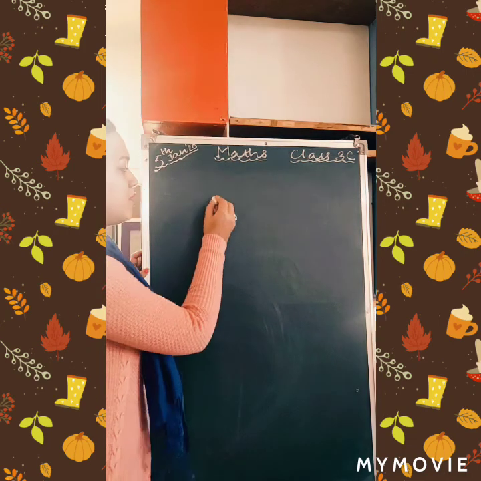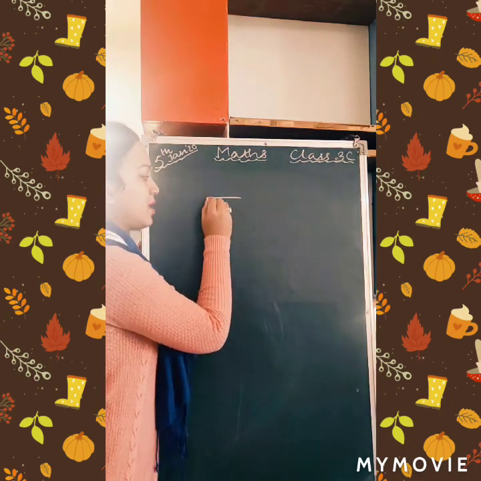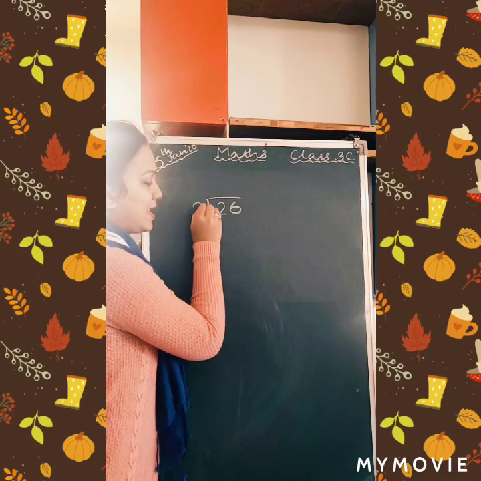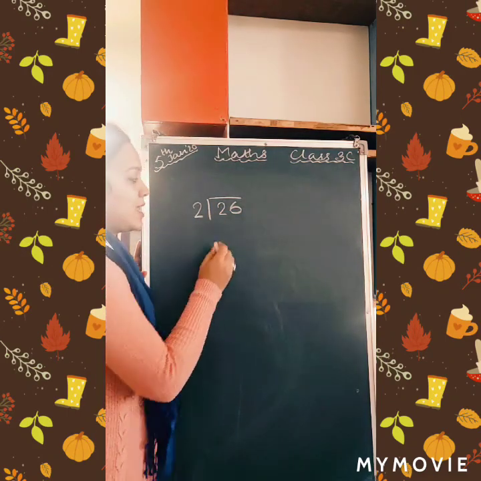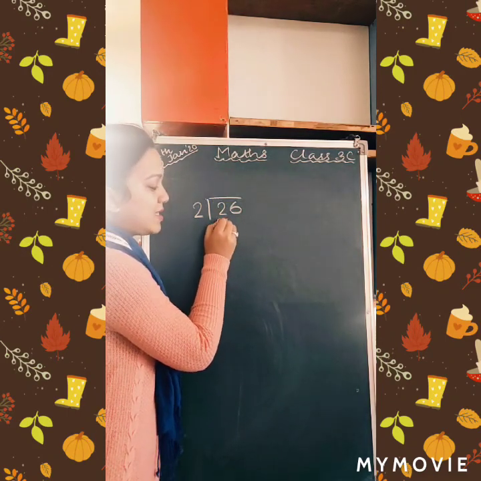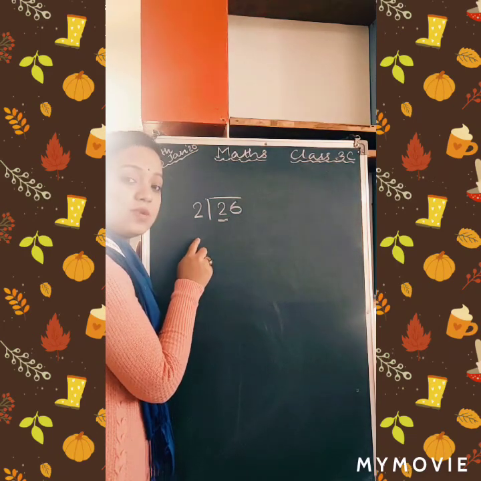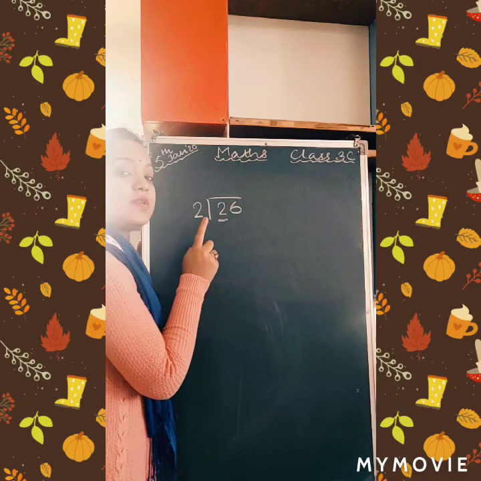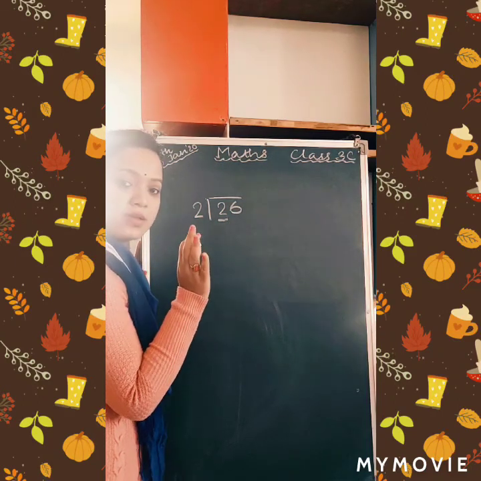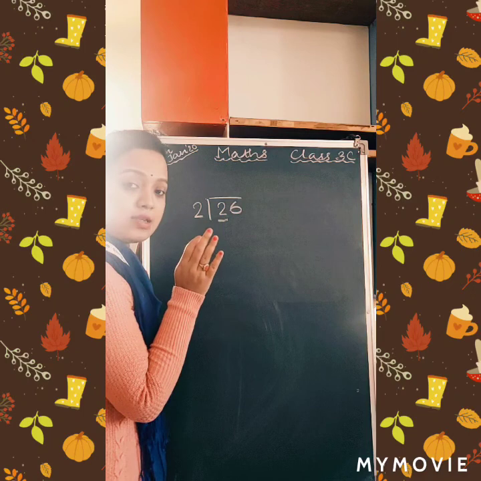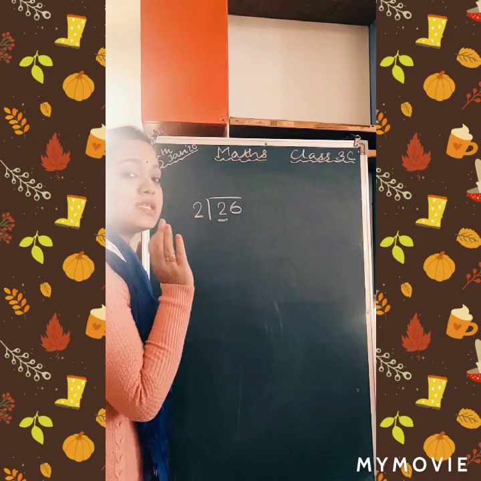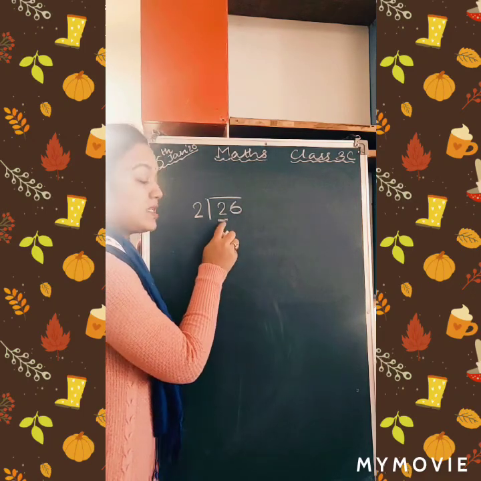Suppose I give you a number 26 divided by 2, correct? First I will see whether the first digit is divisible by 2 or not. If it is smaller than 2, it is not divisible. If it is greater than 2 or 2 itself, it is divisible. Now it is 2.